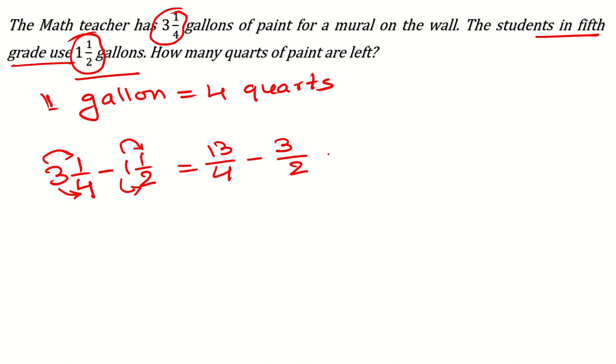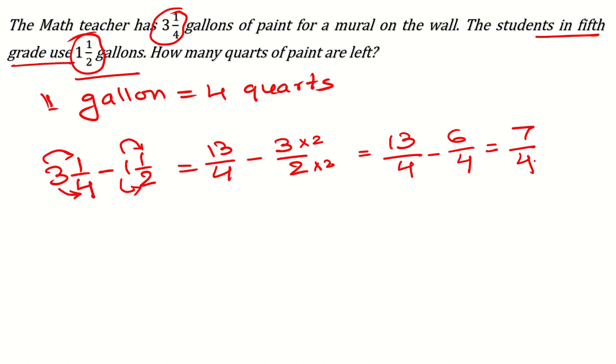We can multiply the numerator and denominator by 2 to make the denominators equal. So this will be 13 over 4 minus 6 over 4. Now the denominator is the same, so 13 minus 6 is 7, so 7 over 4. Now you can see here that the numerator is bigger than the denominator.